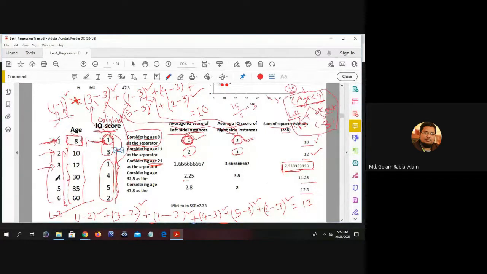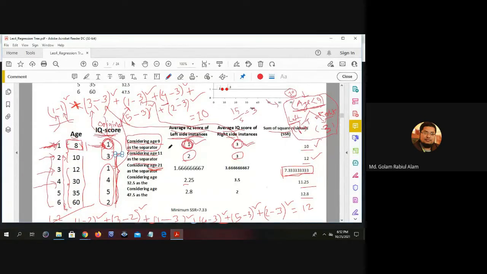For the fourth observation, the original IQ score is 4 and the predicted IQ score is 3. Next, the fifth person is 5, and the prediction is 3.